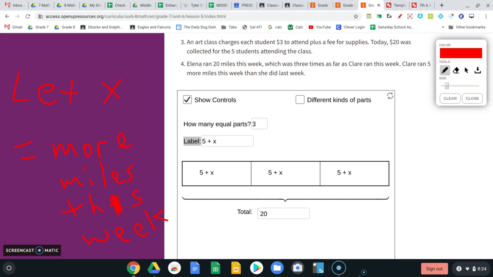Because we're putting in, let me clear that. Let X equal the miles last week. Because it's 5 plus last week's miles. So your equation should look like mine.